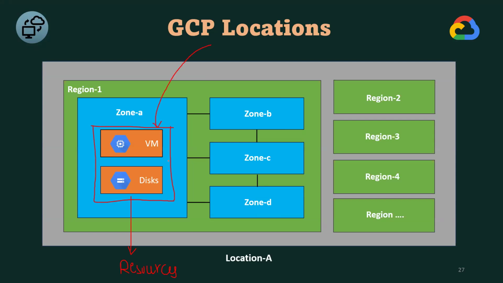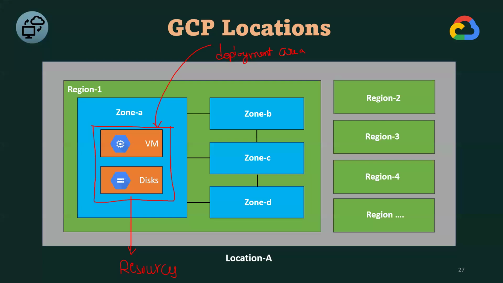That is the reason zones are called a deployment area, because each zone has a data center, and on top of the data center we do the application deployments.